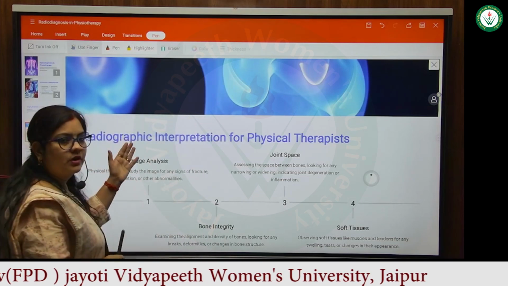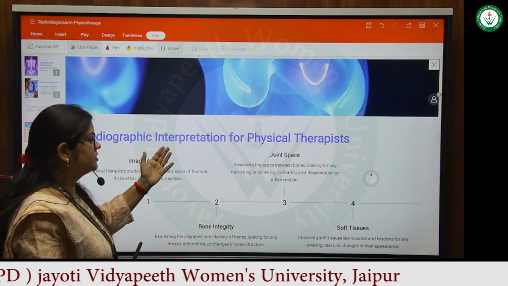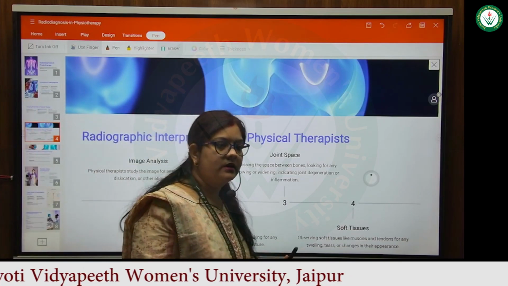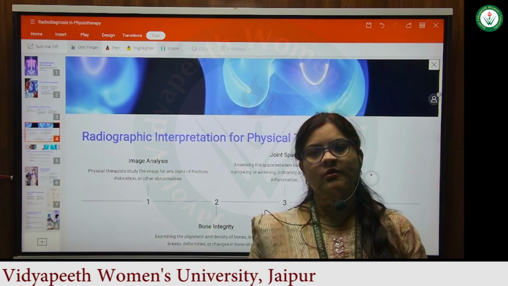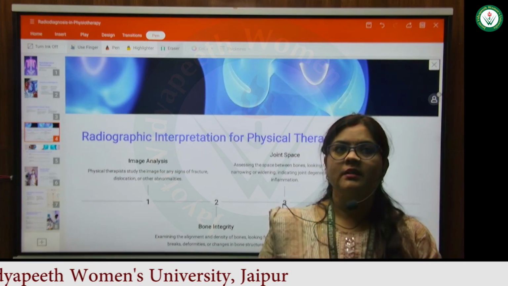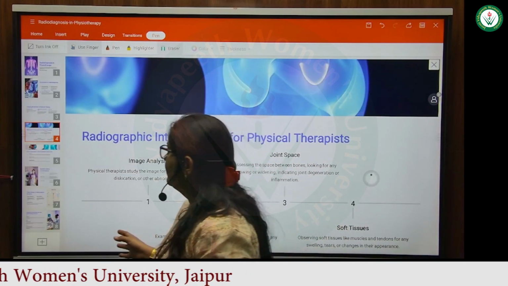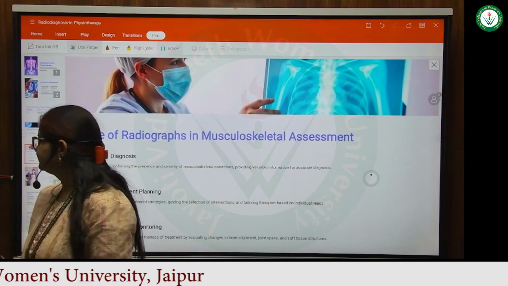So this is our medical interpretation, how a physiotherapist performs medical interpretation through the radiographic modalities or techniques.